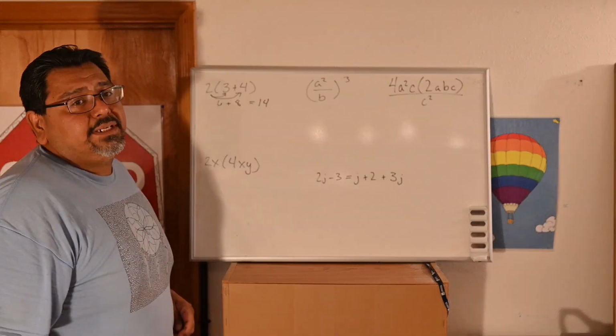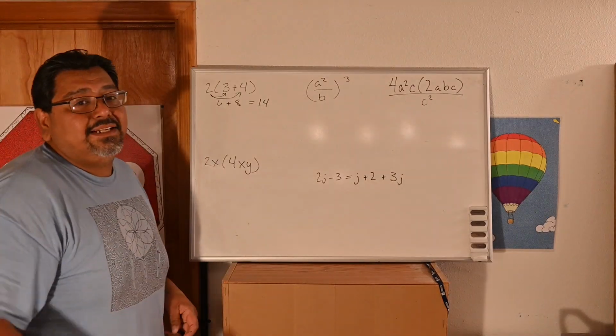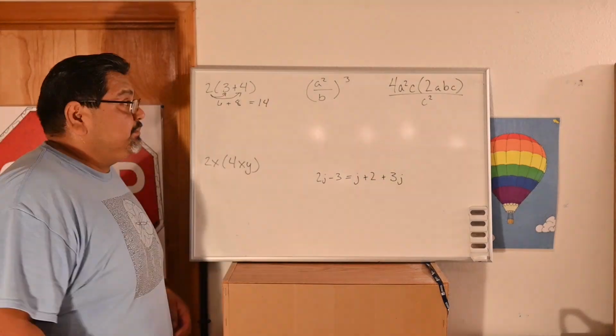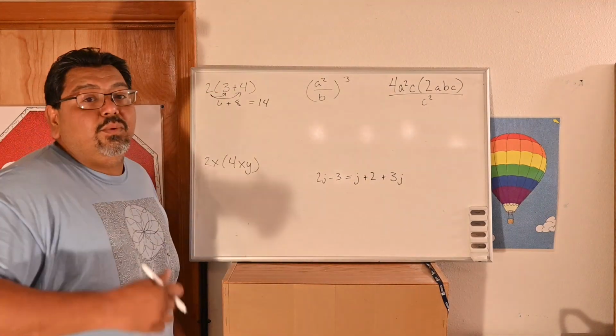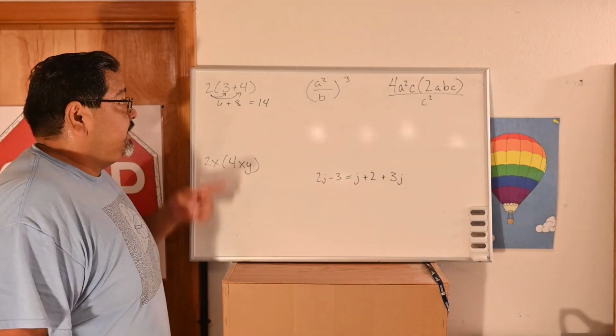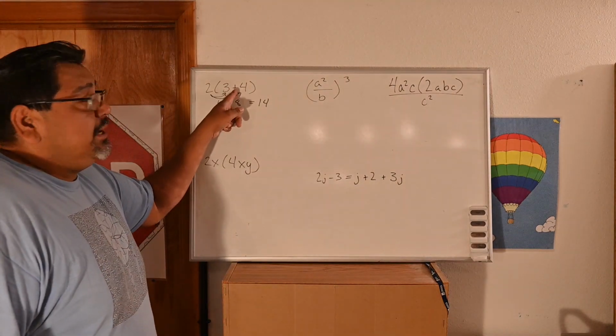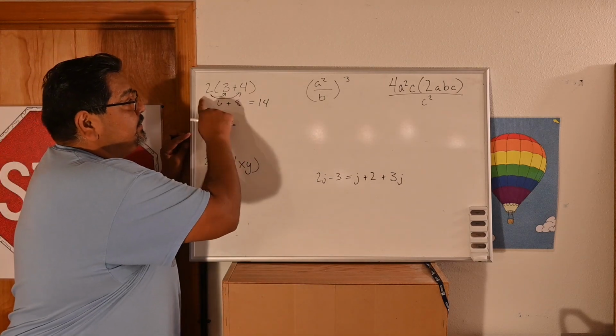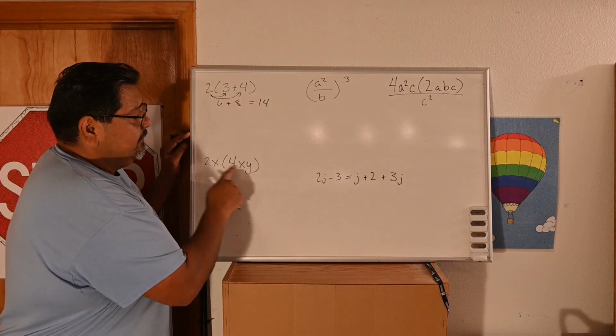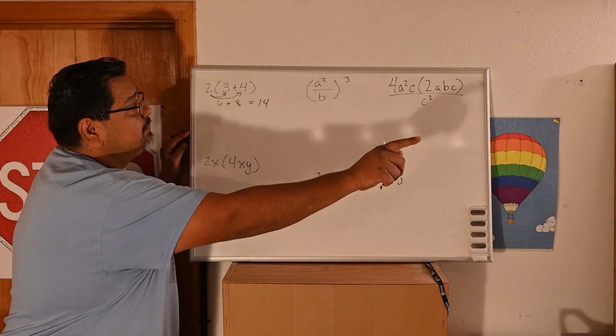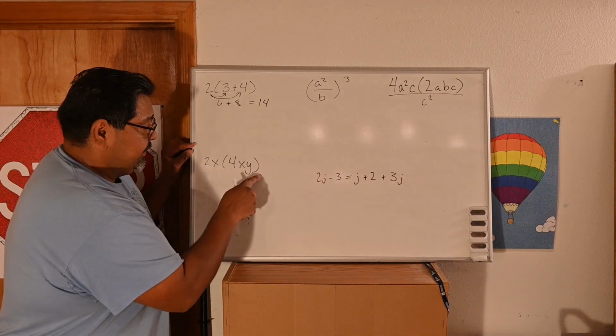This is just a different way to do it, but you will need to learn that later for equations. But how we use multiplication and how the parentheses is used, very important. If it's separated by a plus sign, you're going to need to do that. If it's not separated, if it's all multiplication, just multiply it all out. And that's what we're going to do here.